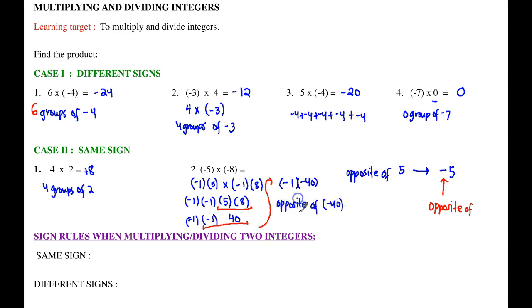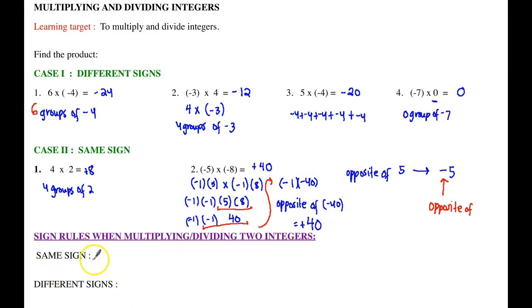What's the opposite of negative 40? That is positive 40, right? So negative 5 times negative 8 is positive 40, or just 40.